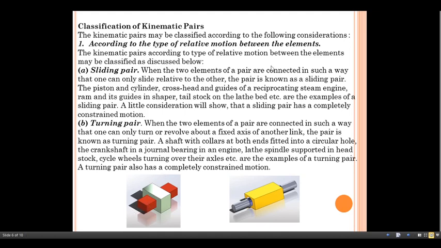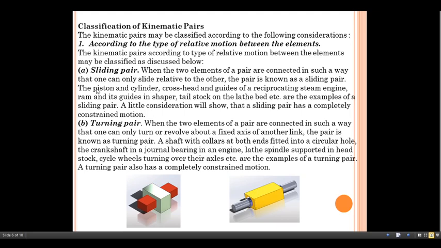See once again, when the two elements of a pair are connected in such a way that one can only slide relative to the other. The same case is here, same case is also here. One can slide, or just see the contact, this shaft slides inside of this circular hole. Okay, this is also a sliding contact.